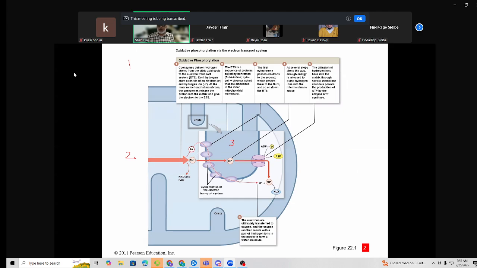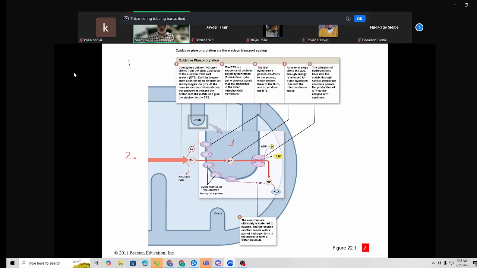It is happening in the membrane of the mitochondria, where we have this series of cytochromes. This is the first cytochrome, this is the second cytochrome, and they are named cytochrome A, B, C, and others, D, E, F, some others also.